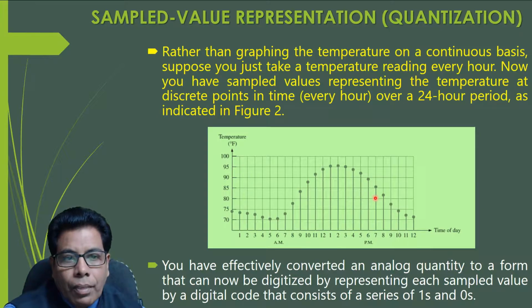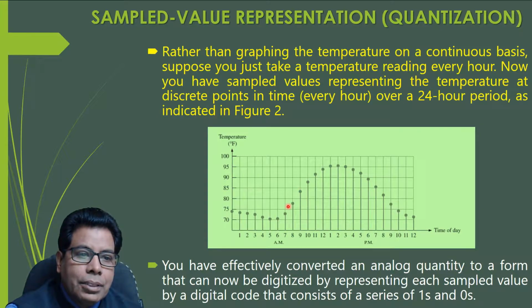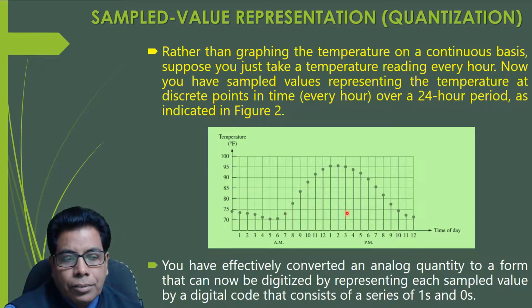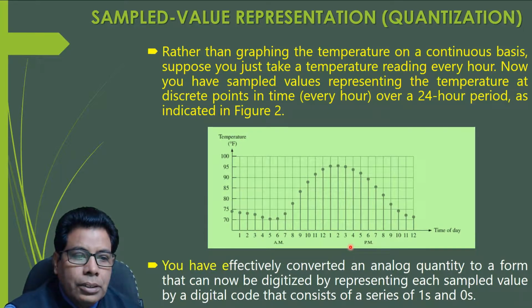So if you plot the same graph here, you have actually converted the analog quantity to a form that can now be digitized by representing each sampled value by a digital code that consists of a series of ones and zeros. So here if you take any value, for example this value, this represents the value 95.